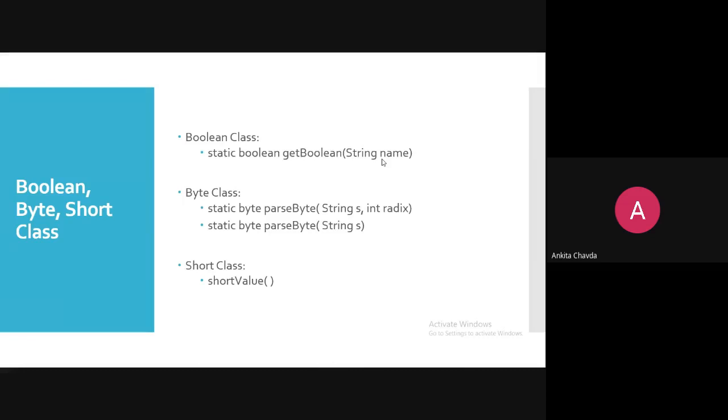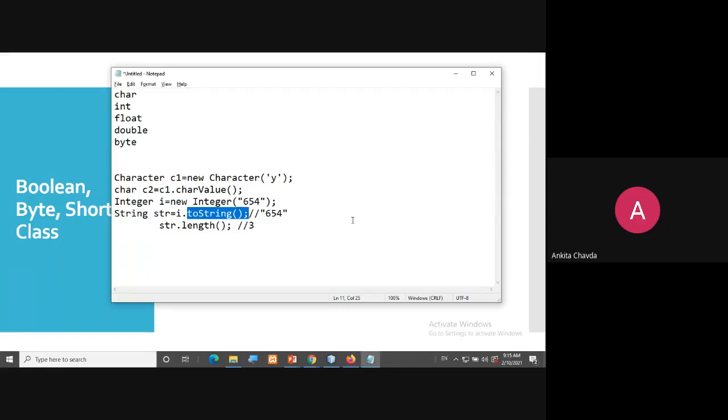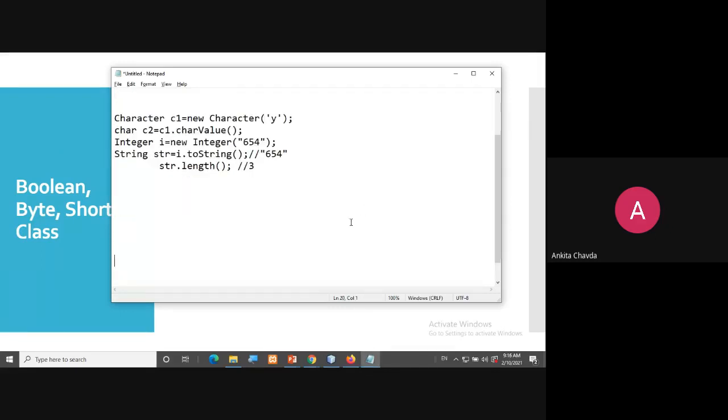First of all, this method is a static one. So I don't need to create an object of the Boolean class, like B equals new Boolean and so on. Second thing, here I can directly call this getBoolean, and you can give a string like true or false.